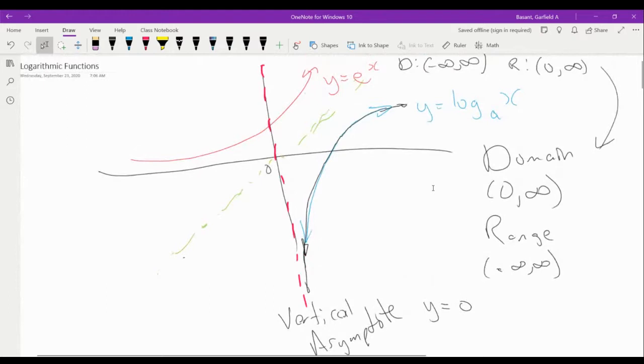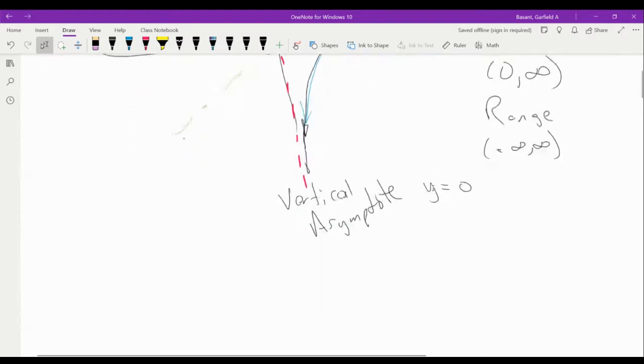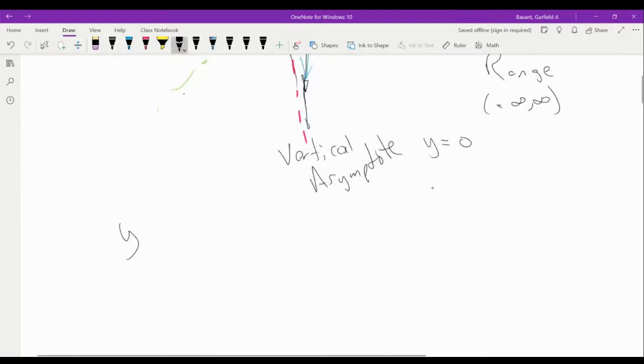Right? So what's going to make this function change? y is equal to log base a of x. I'm talking about this briefly. If there's a number attached on the inside of the parentheses, this is a horizontal shift.